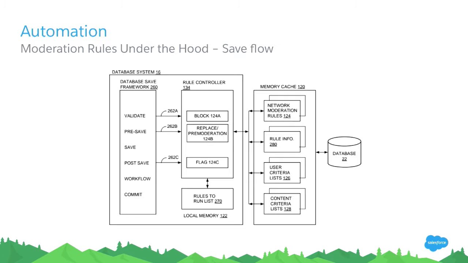Say you had some sort of plugin that will append a signature to every user's post. If that appended signature contains a bad word, the rules will see it. Furthermore, if you have a post-Apex trigger, the rules framework will still see it, even though it happens after everything else, because it initiates another entire save process.